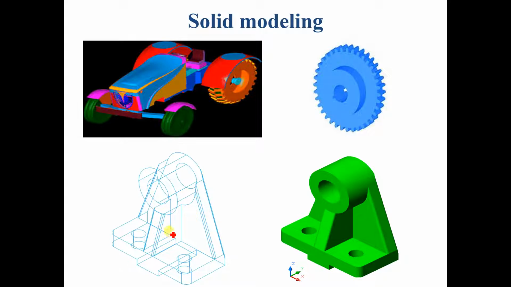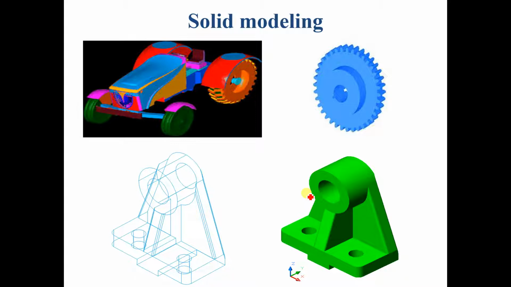Whether it is hollow or a hole, or whether this is a solid object, there is no clarity in the wireframe model. But when you take the solid model, it is clear, and we have a clear idea about what this object is. That's why solid models are called an unambiguous representation.